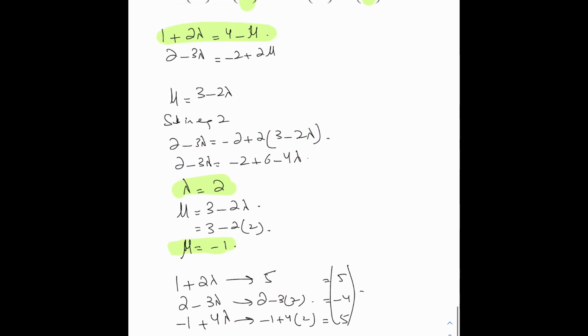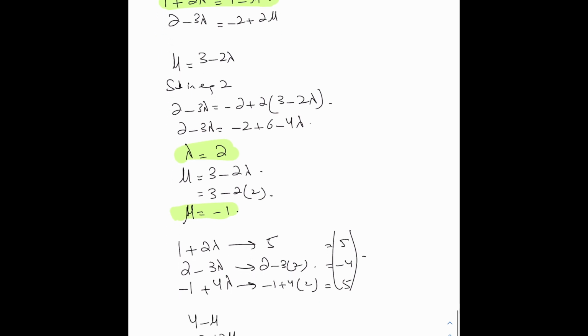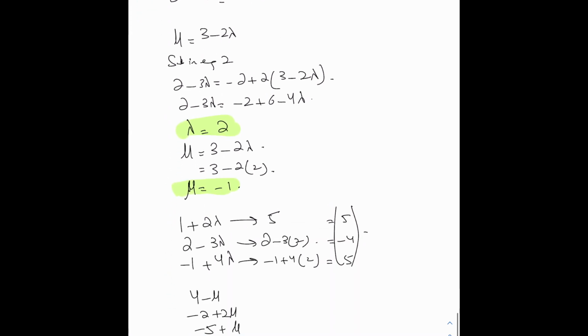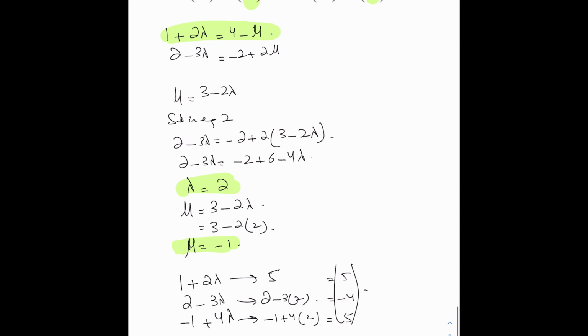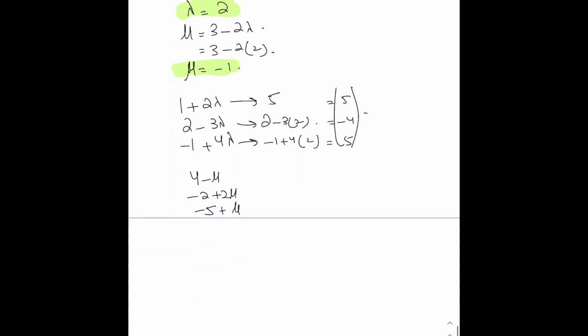Second equation. So 4 minus mu, minus 2 plus 2 mu and minus 5 plus mu. Okay, let's see. The value of mu is negative 1.